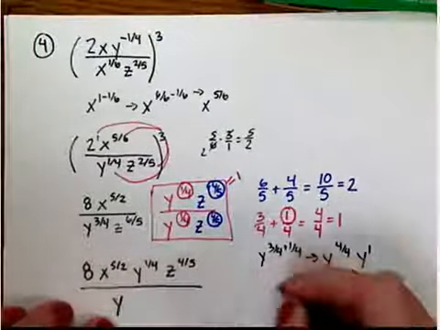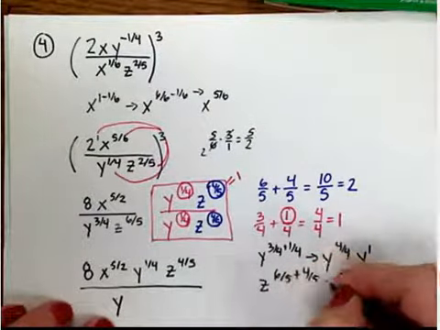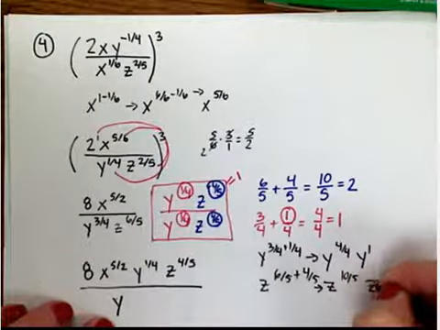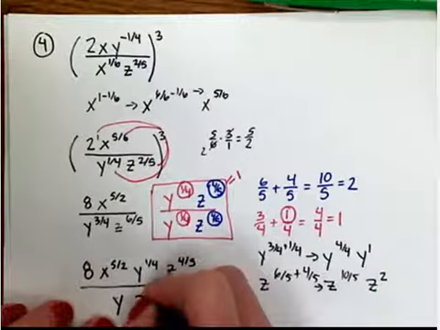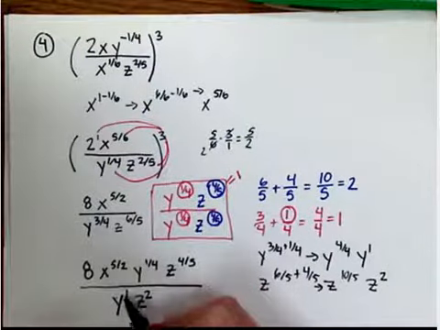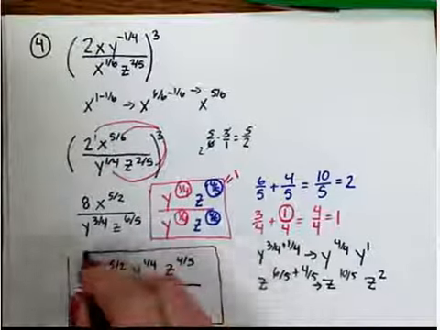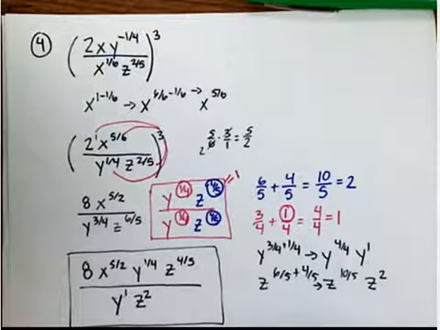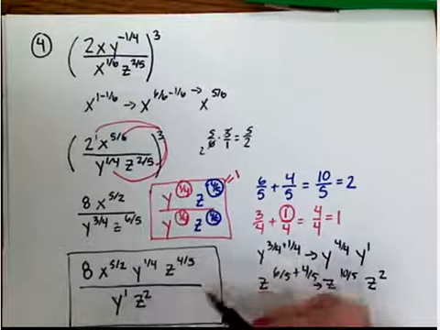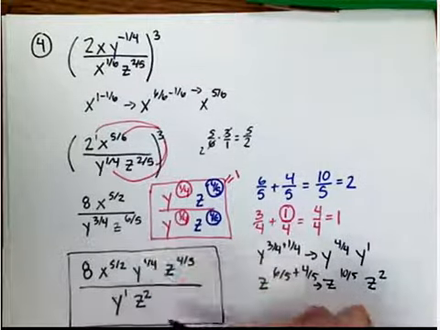Okay, z 6/5 plus 4/5 is 10/5, which is z squared. Notice that the exponent of the numerator here is less than the exponent of the denominator. That is simplest form, because if you were to subtract 4/5 minus 2, you would end up with a negative, which would put the variable in the denominator, which is what we're trying to avoid.